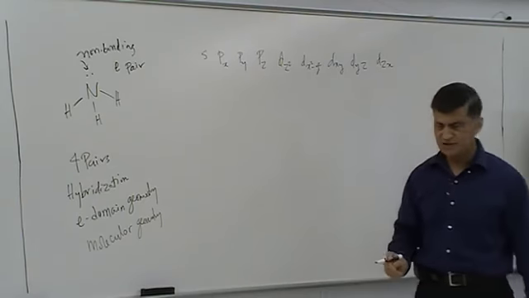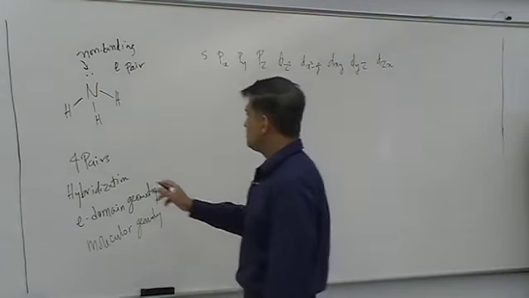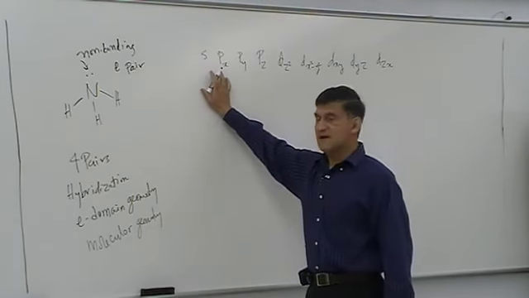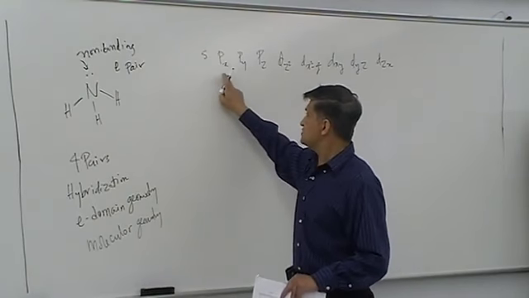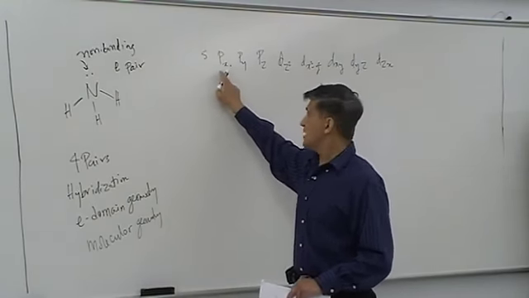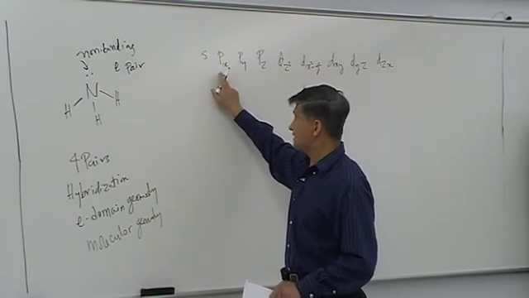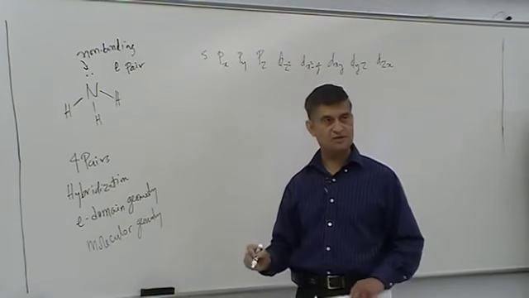I just wrote down all these orbitals. Now say I have 2 pairs of electrons on the central atom. Then you need to hybridize. Hybridize means mathematical mixing. Hybridize only these 2, because I need 2 hybrid orbitals to have 2 pairs of electrons. So when I have 4 pairs of electrons, I need 4 hybrid orbitals.